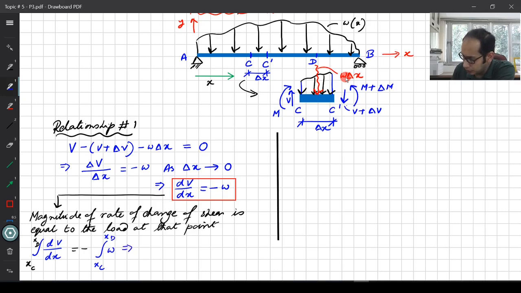What that gives you is that the integration between these two points is nothing but the difference of the shear force at D and C. So what you get is another important relationship.